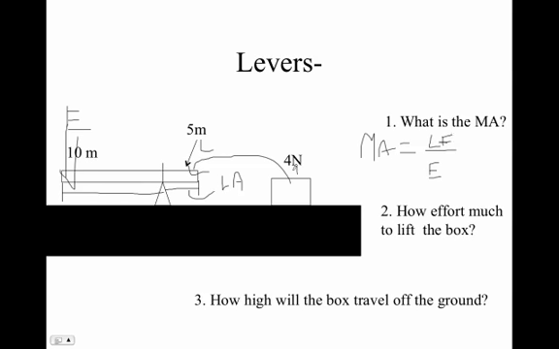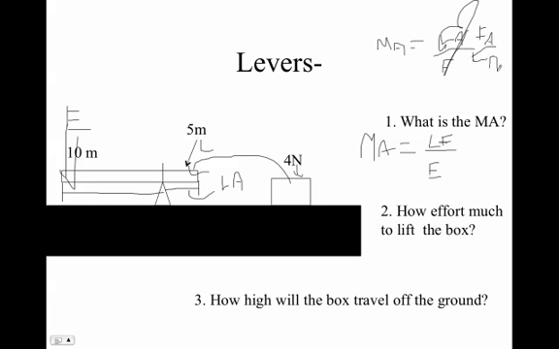Well, a second way you can find the MA of a lever is to take the length of the load arm and divided by the length of the force arm. Or sorry, the other way around. The force arm, its length, the FA, the length of the force arm, divided by the load arm, the LA.